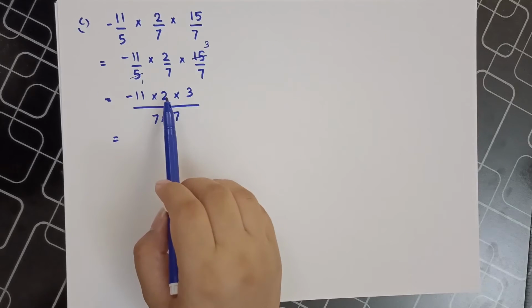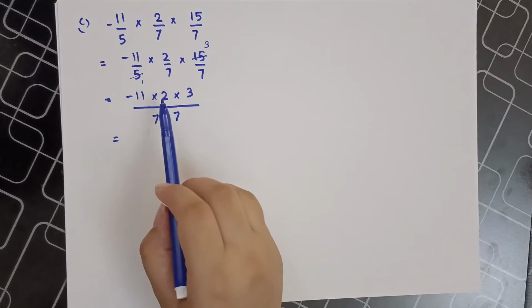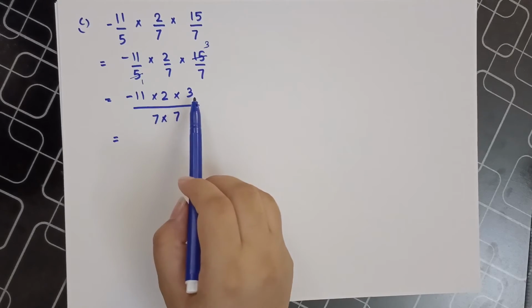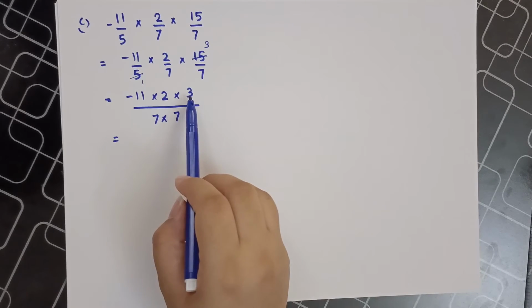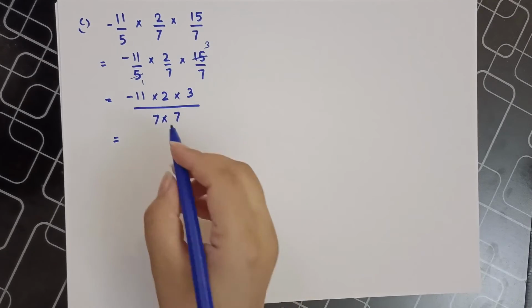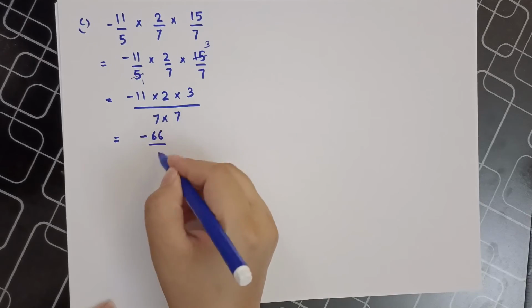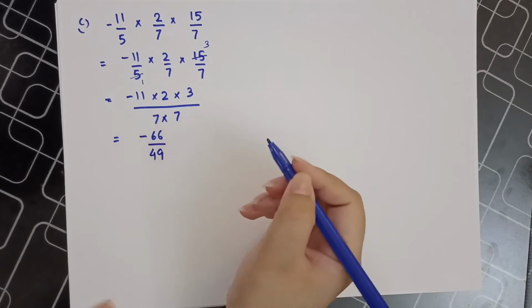So when you multiply 11 with 2, it becomes 22, and when 22 is multiplied by 3, it becomes 66. Or you can multiply the smaller numbers together first, like 2 and 3 is 6, and when 6 is multiplied by 11, it becomes 66. So the answer will be minus 66 upon 7 into 7, which is 49.